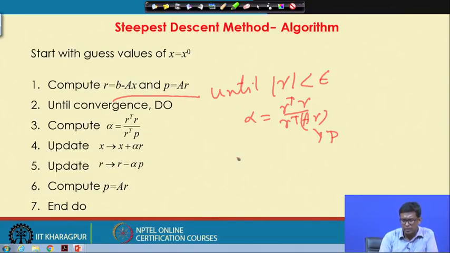Update r. So, r k plus 1 is equal to r k minus alpha k A r evaluated at the kth level, so this is r k minus alpha k p k.